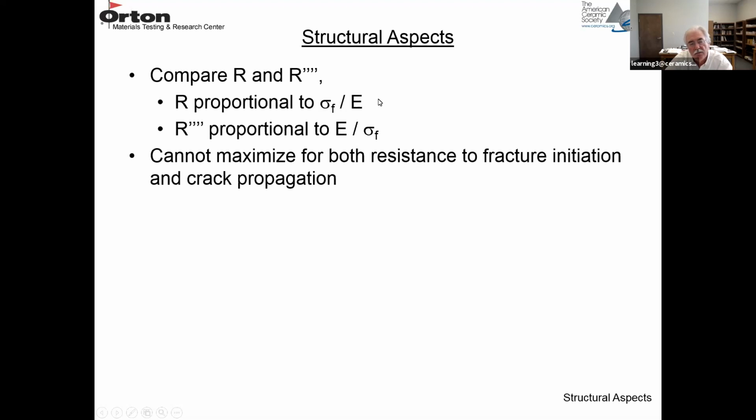So R applies to a high performance technical ceramic, which is a high strength material where you completely want to avoid any type of crack initiation and strength degradation. And then R4 prime applies to the refractory type material.